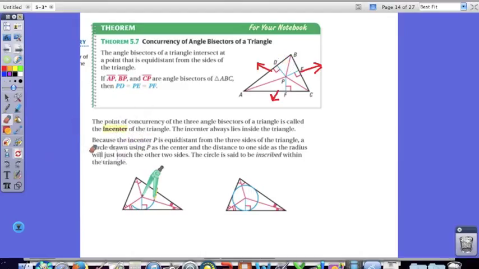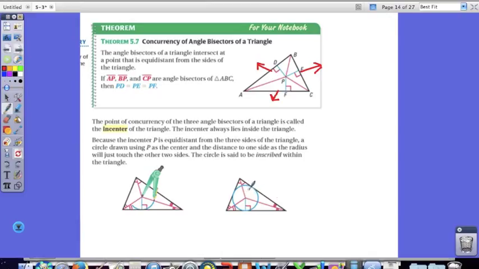So an incenter would also allow you to inscribe a circle, as you see here. Inscribe a circle inside of a triangle. Whereas the last lesson, maybe it was Friday, the circumcenter, which was the point of concurrency of the perpendicular bisectors, meant that the triangle was circumscribed, or inside of the circle.